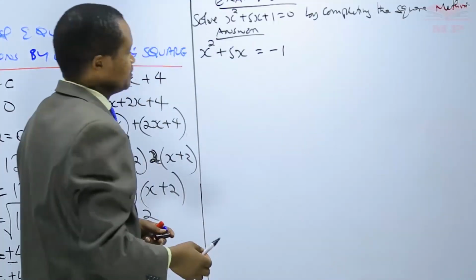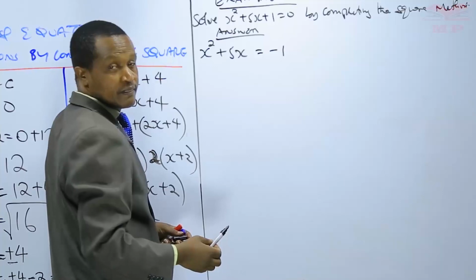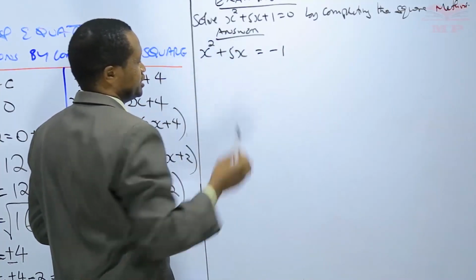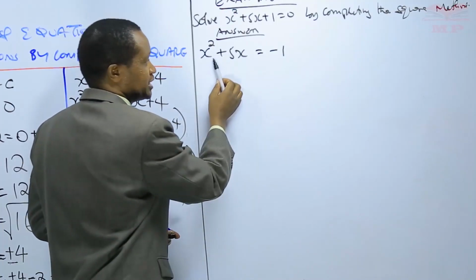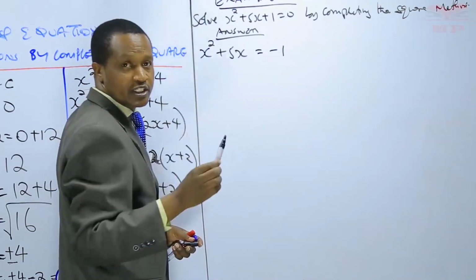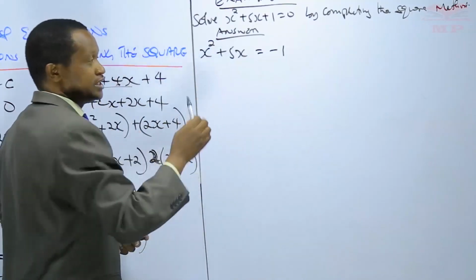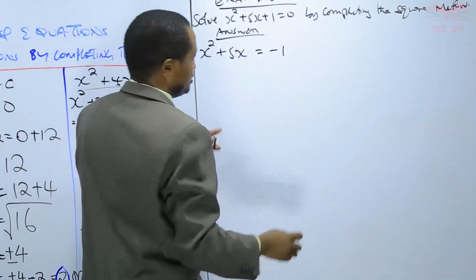Then the expression on the left, x squared plus 5x, how do we complete it? What is the missing term that can make it a perfect square?